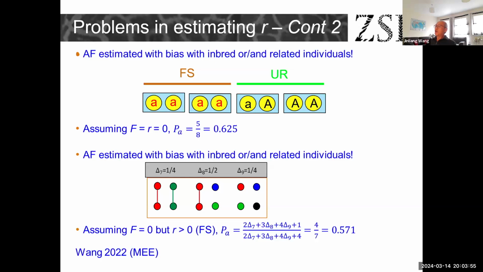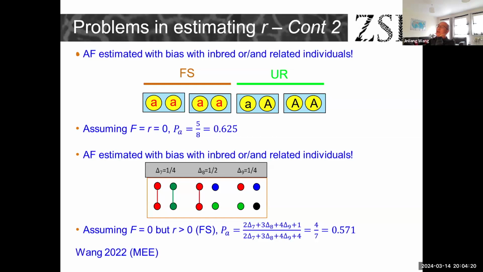This is just for illustration. In reality, we do not know whether the first two individuals are full siblings or not. So what we do in our paper is first, we assume, like previous approaches, all individuals are non-inbred and unrelated.